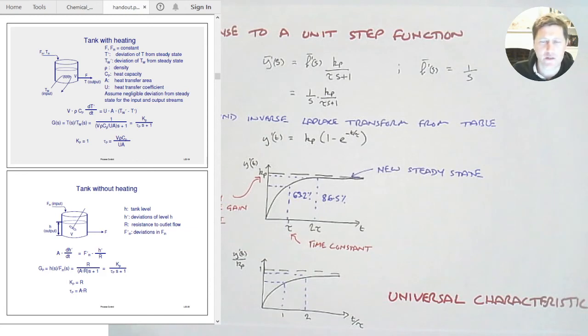So again, it's another example of a system that you can write down as a linear first order ODE, and again you can look at this equation and you can relate it to the generic terms. Steady state gain is R, time constant is A times R. And once you've worked out those, again, you know that this solution is going to apply to it. You don't need to work out your own solution. You can find a generic universal characteristic and read values off that to actually see what your response is going to be for the system.